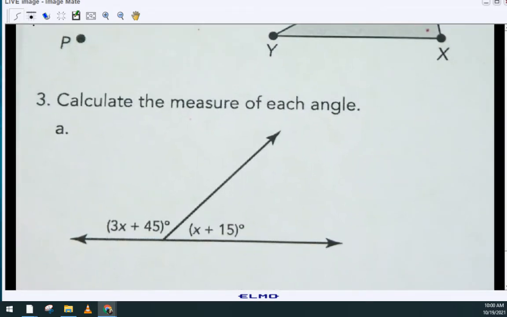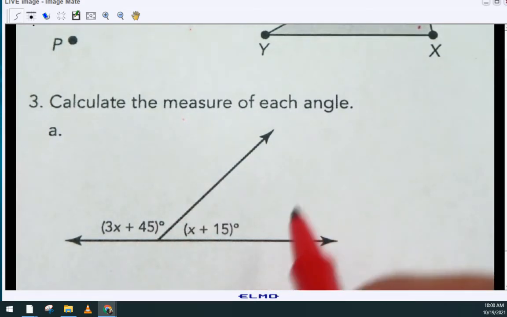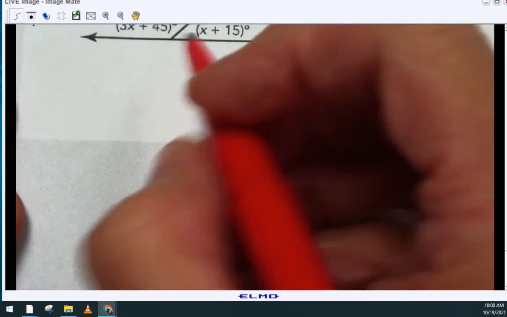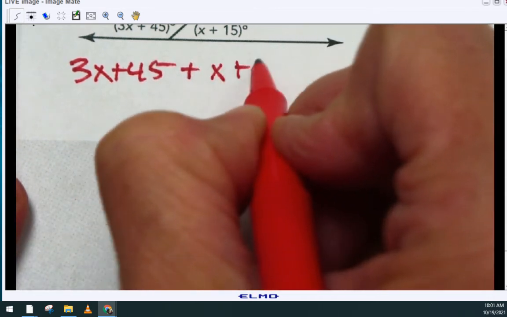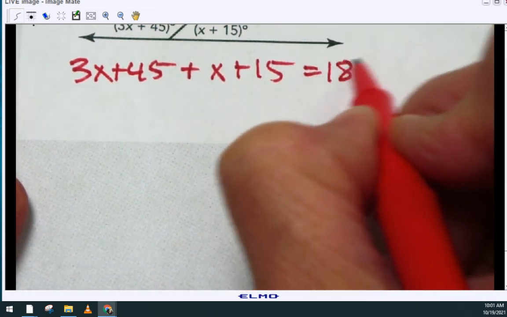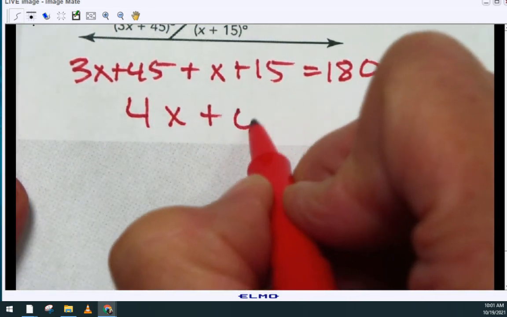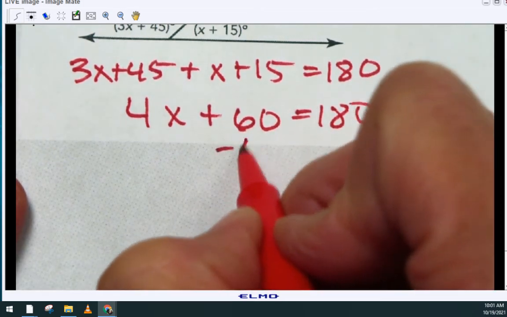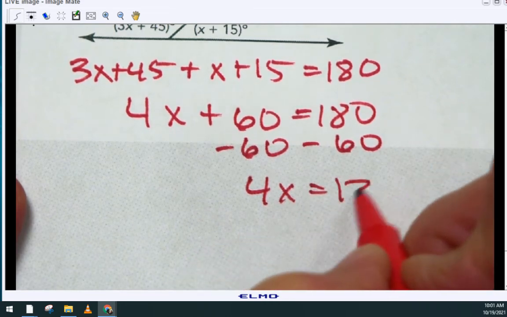Then we have the review. Number 3, this makes a straight line. Now, it wants the measure of each angle. This makes a straight line, so that means that they add up to 180. So that gets me 4x plus 60 equals 180. I subtract 60 from both sides of the equal sign, and I get 4x equals 120.